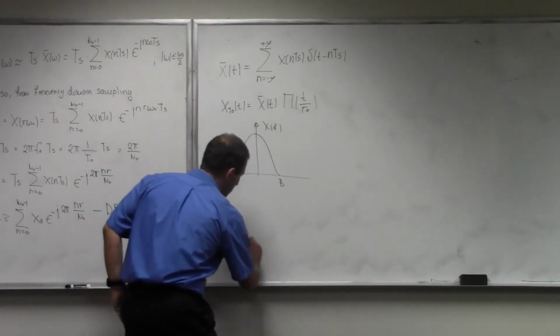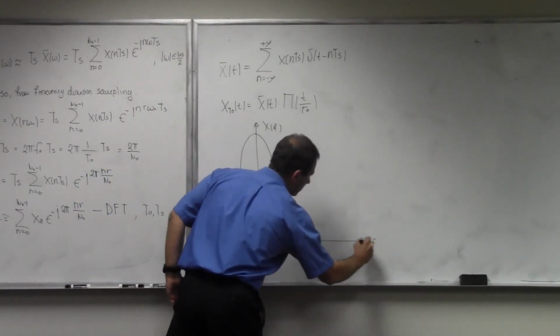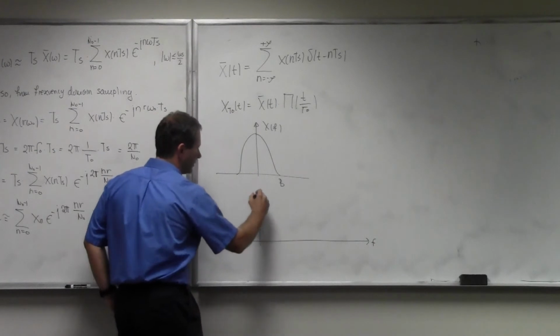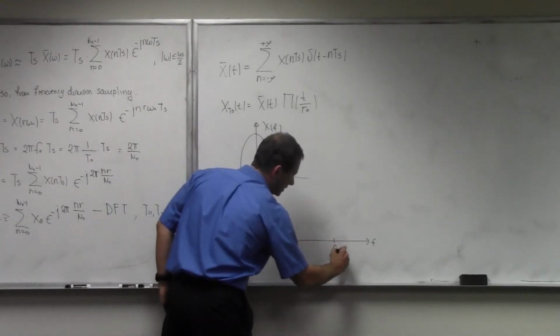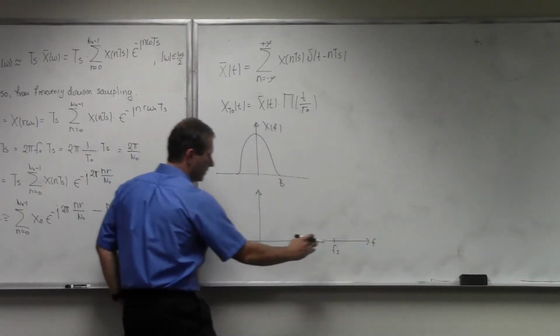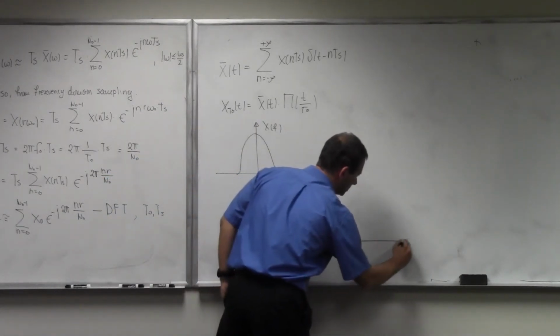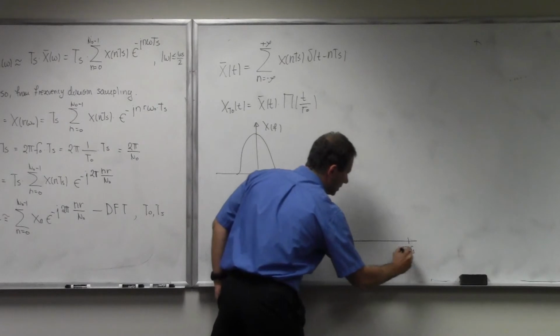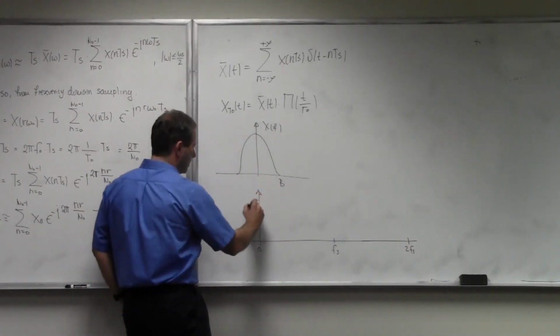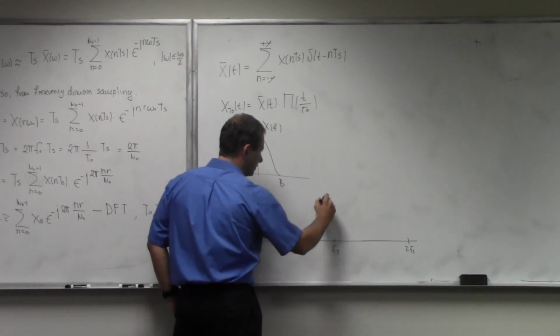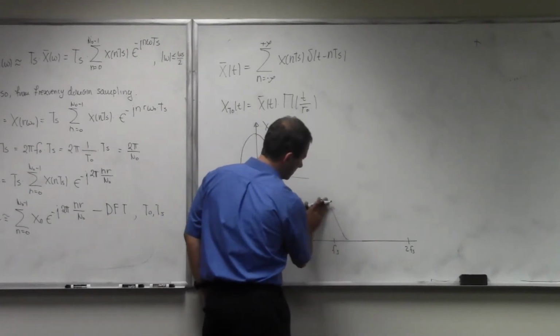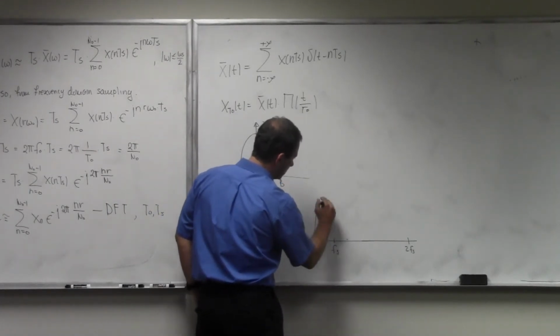Now, what does the spectrum of the sampled signal look like? Well, we know that it's 0, this is fs, 2fs, and so on. And then if we sample it properly, here's my signal. Here is its periodic extension. Ugly one, too.